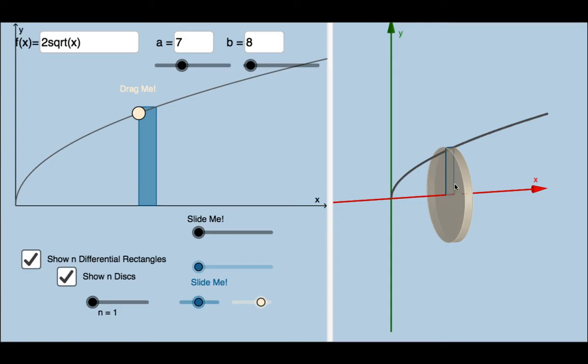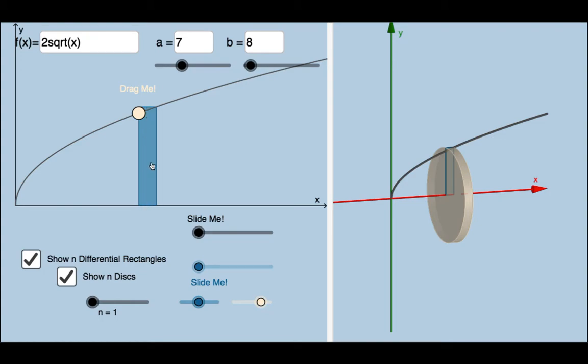I want you to think about what we would need to know for this three-dimensional shape. We would need to know this measurement, which is the radius. To find the volume of this, it would be pi times the radius squared times the height. So this is kind of a sideways one. Think about what the different measurements really are. The radius is just this height right here, the shape that we rotated around.